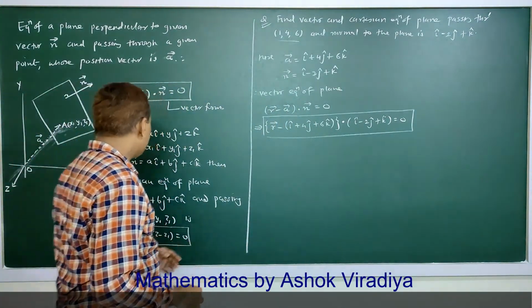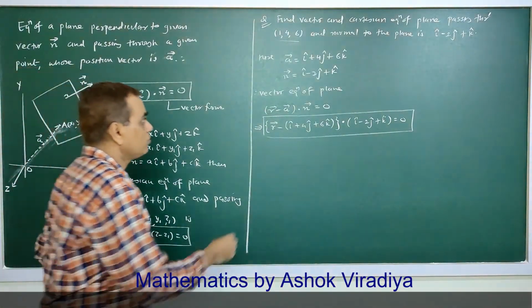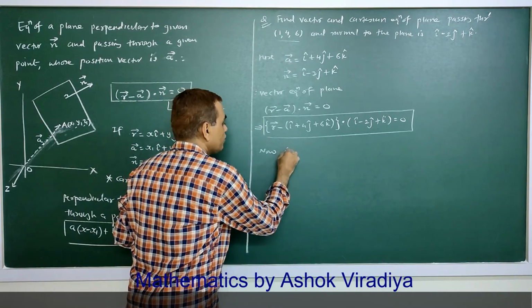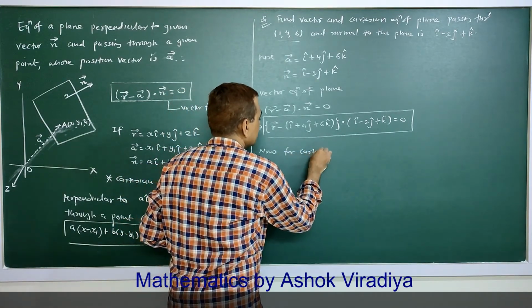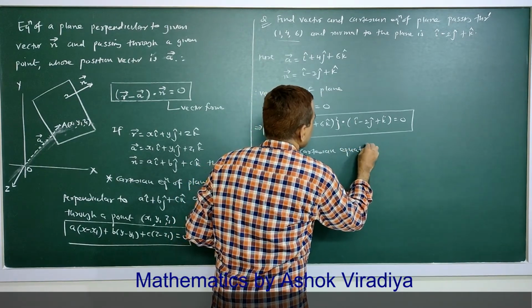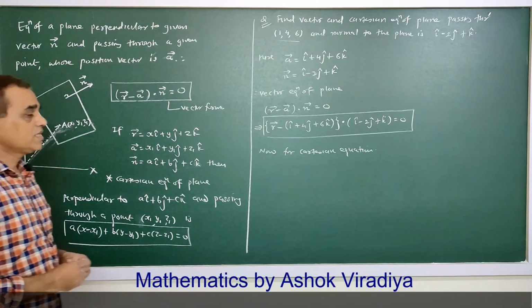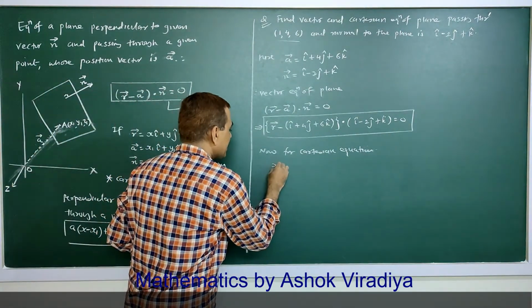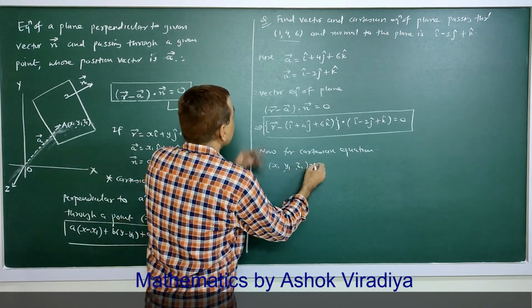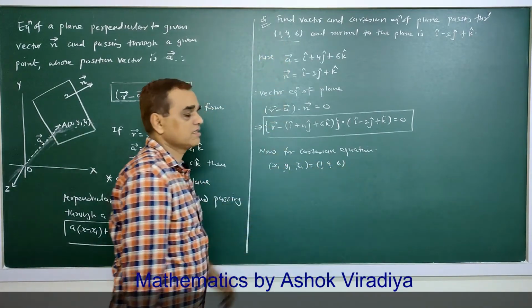Now for Cartesian equation we use this form. So here x1, y1, z1 is 1, 4, 6.